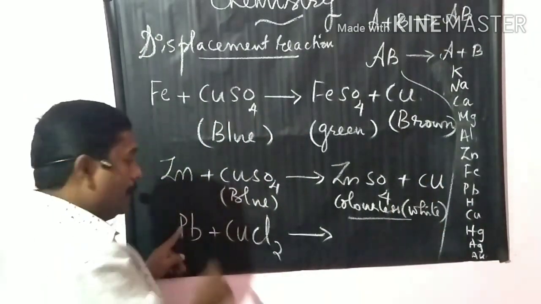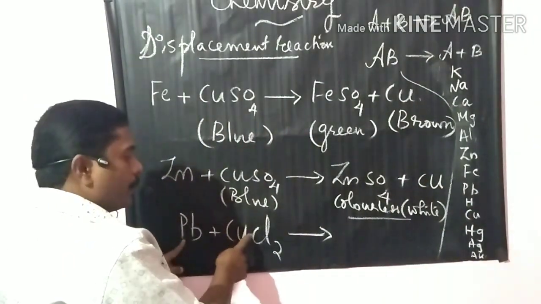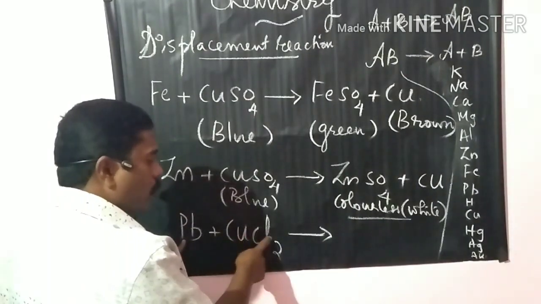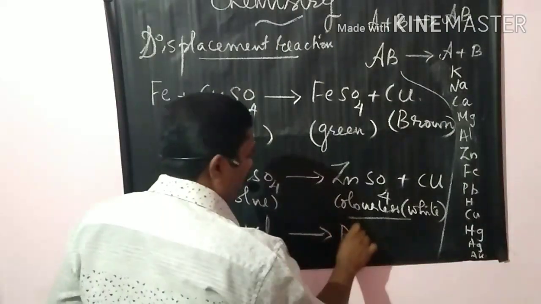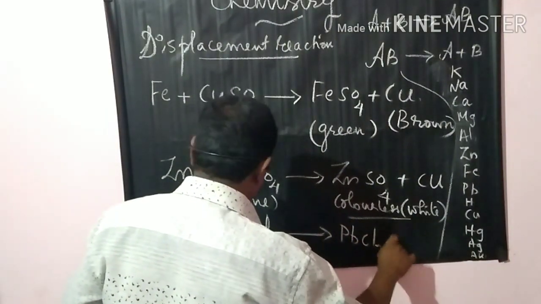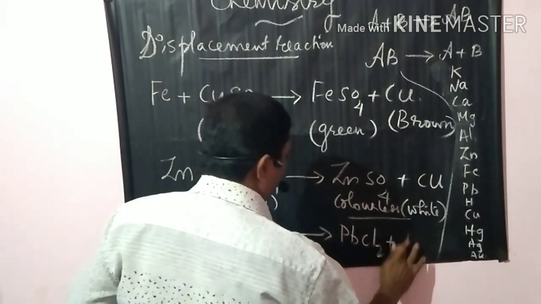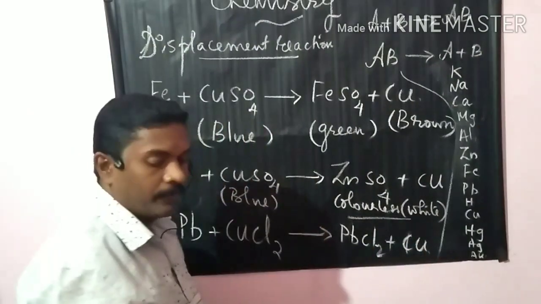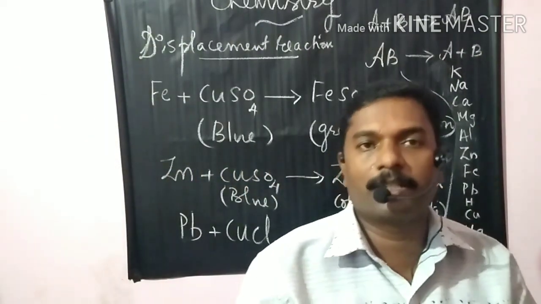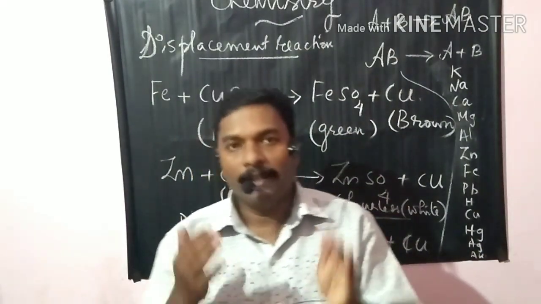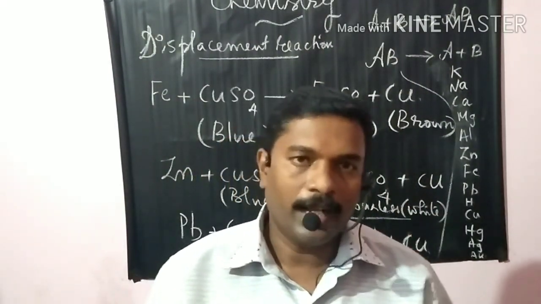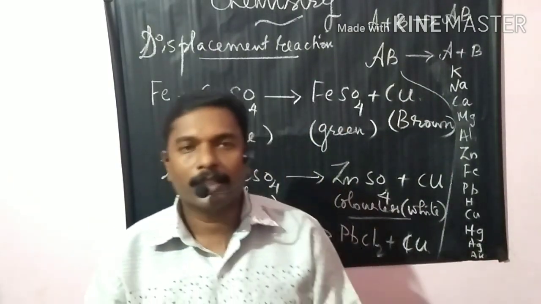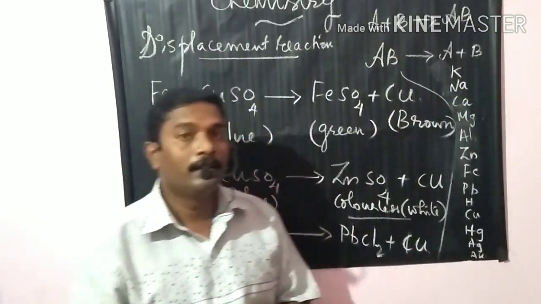So what will happen? Lead may displace copper from copper chloride. Okay? So the reaction will be PbCl2 plus Cu. So always a highly reactive metal displaces less reactive metal from its salt solution. And this type of chemical reactions are called displacement reactions.